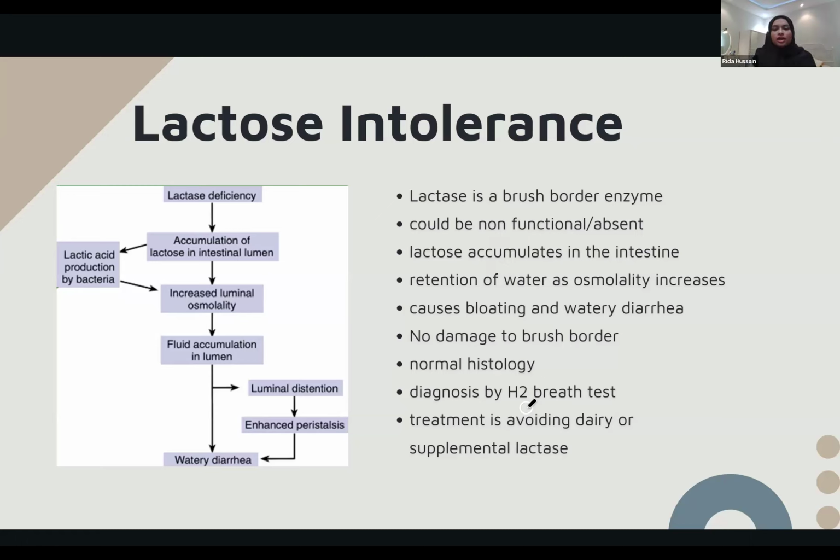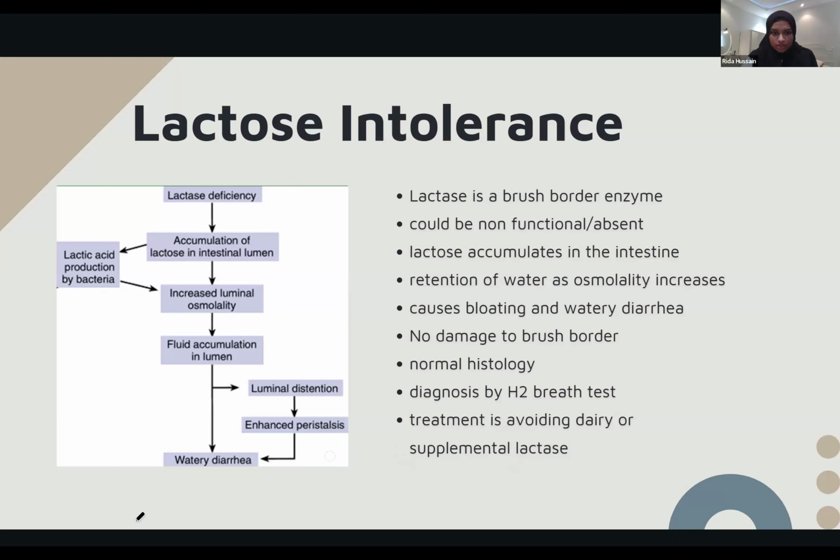So because there is an accumulation of lactose in the gut, the bacteria feeds on the lactose, and it releases hydrogen as a result. And this hydrogen can be measured in your breath, and it can lead you to a diagnosis, basically. So the treatment for this is, all in all, avoiding dairy, or you can use lactase supplements before you eat dairy. You know, you're gonna eat dairy, so you pop a pill, and it can help.